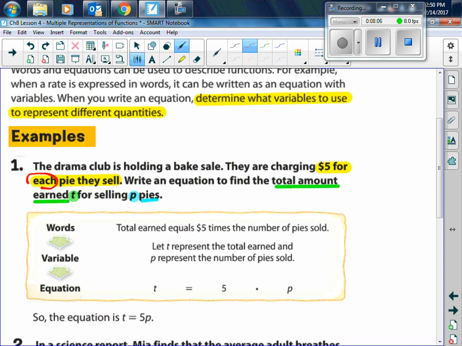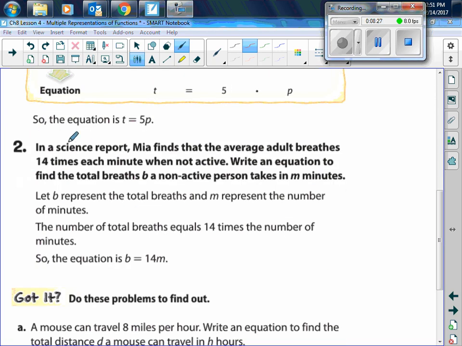Each tells me we're going to multiply, right? So here, we're going to multiply $5 times each pie, times P, and that's going to be equal to the total amount that they earned. And there's my equation.